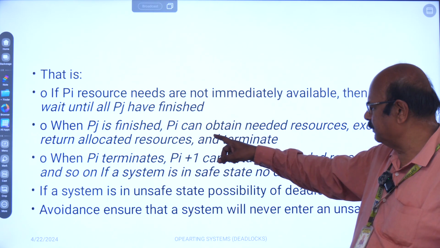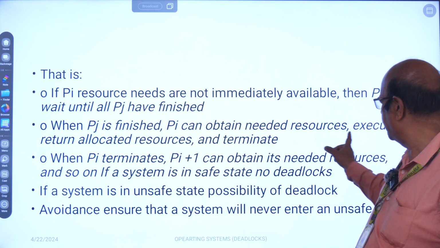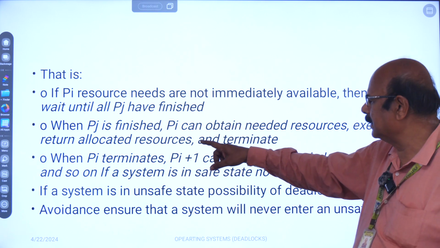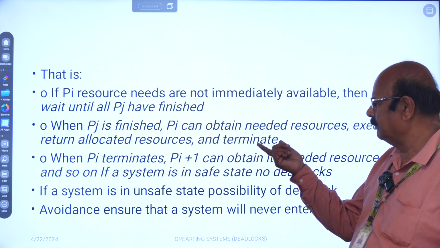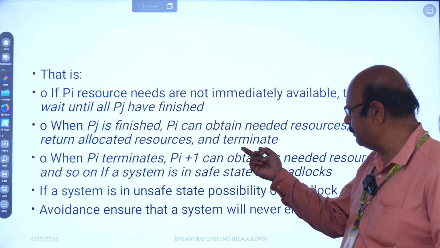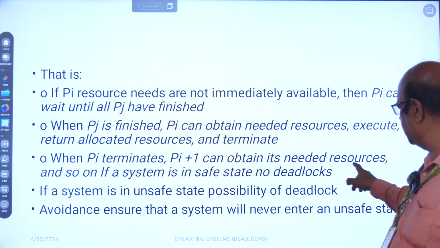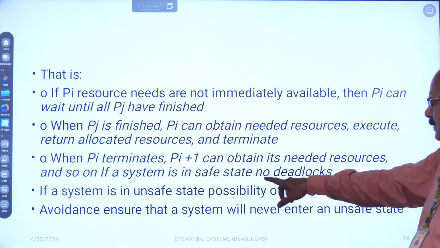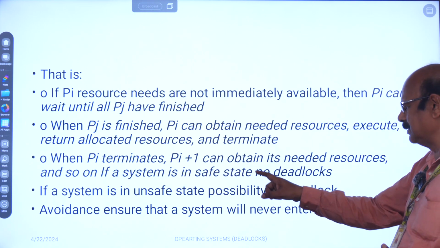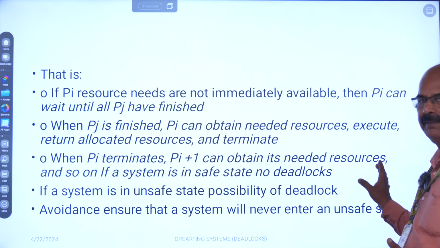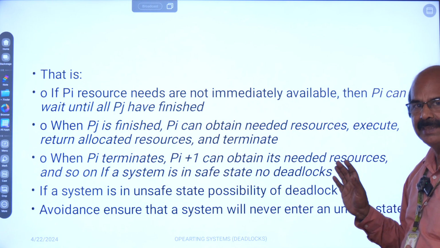When Pj is finished, Pi can obtain the needed resources, execute, return allocated resources and terminate. Whenever Pi terminates, Pi plus 1 can obtain its needed resources, and so on. So if a system is in a safe state, no deadlocks will happen. If a system is in an unsafe state, there is a possibility of deadlock. So that is the importance of the safe state.